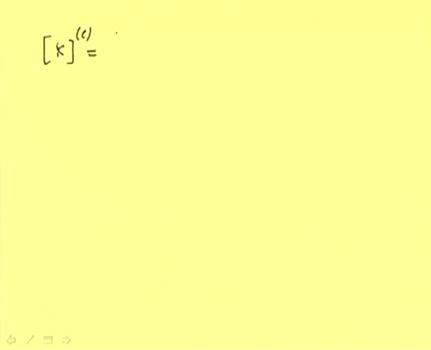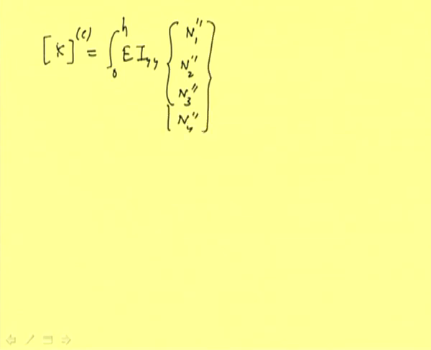Which is given as... now I am expanding this N. This is a row vector of N dx.